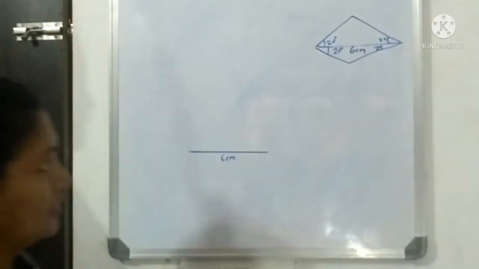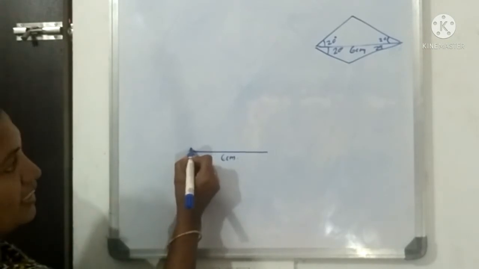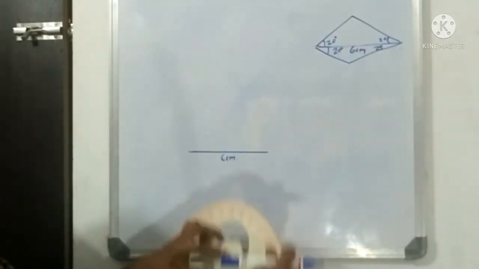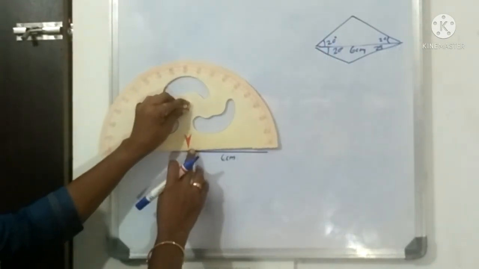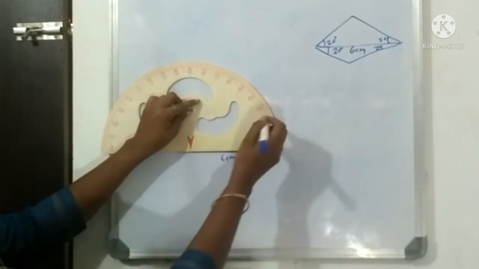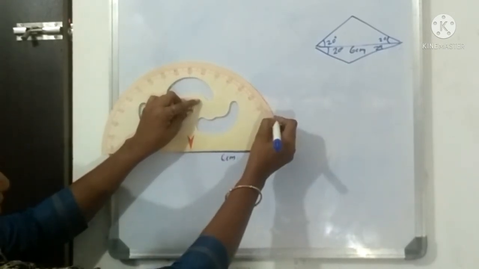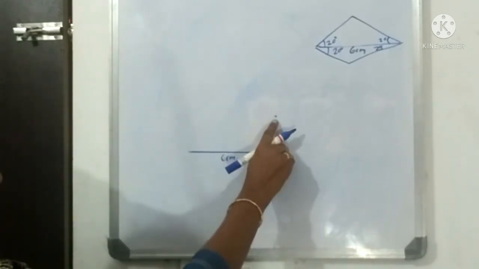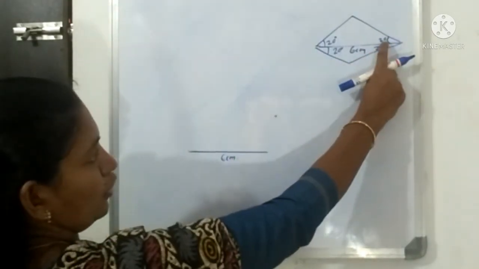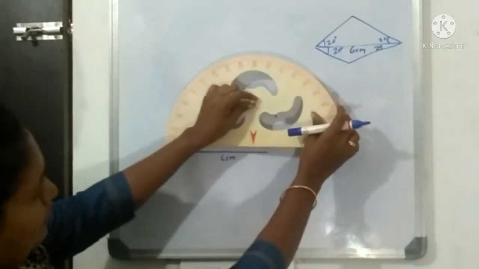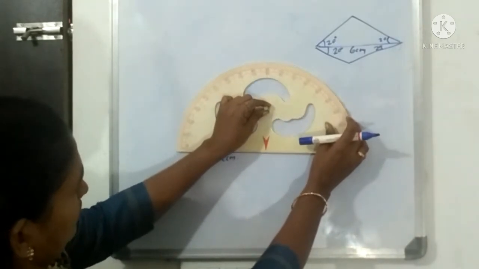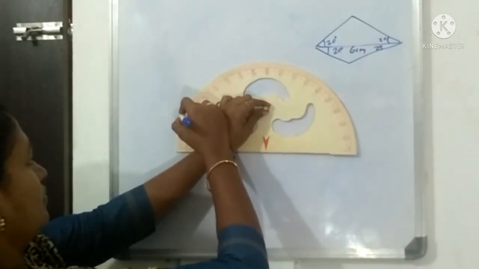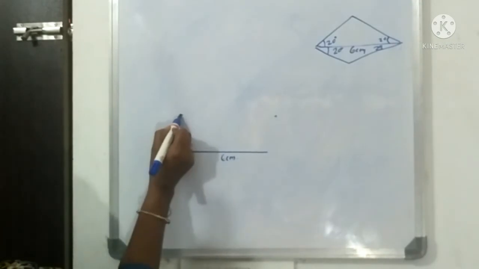Next, we know that here one angle is 20 degrees. So take your protractor and measure it and mark 20 degrees. Then the 20 degrees is here. Then here also you have to measure 20 degrees. Here the 20 degrees.